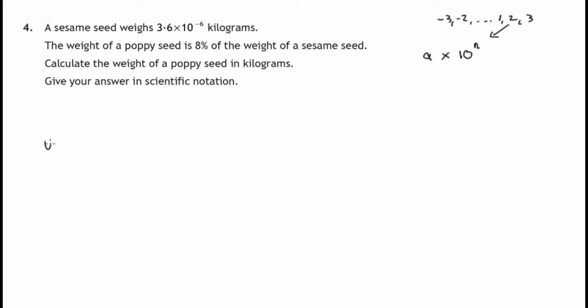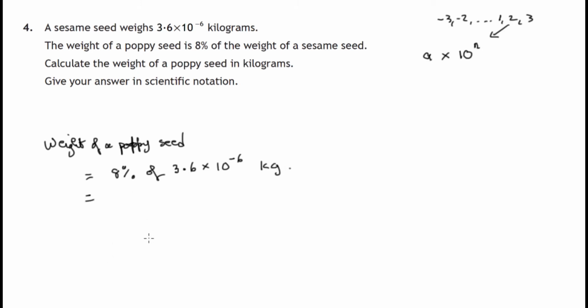So let's work out the weight of a poppy seed. And it does tell us that it's 8% of 3.6 times 10 to the minus 6, and that's weighed in kilograms.